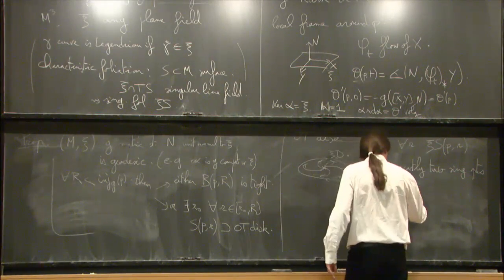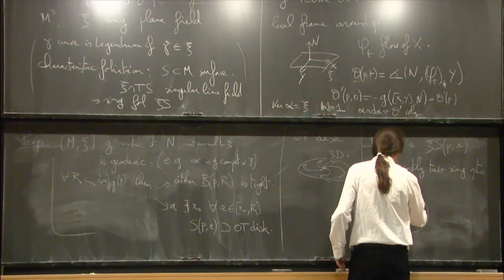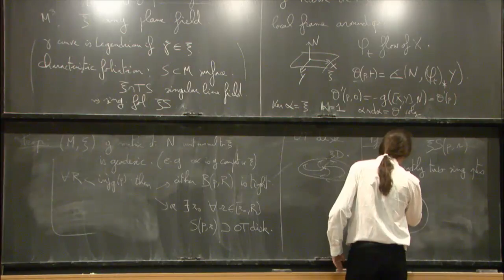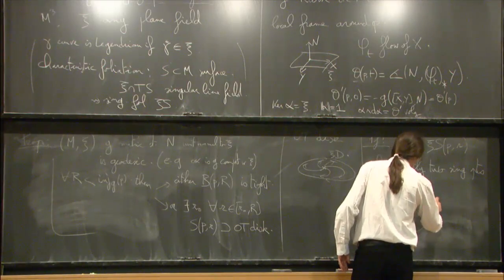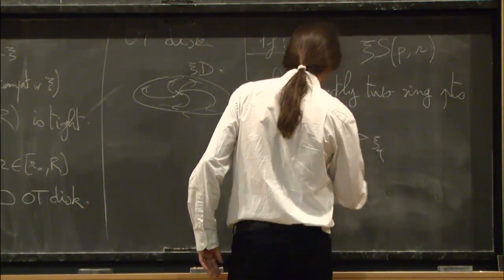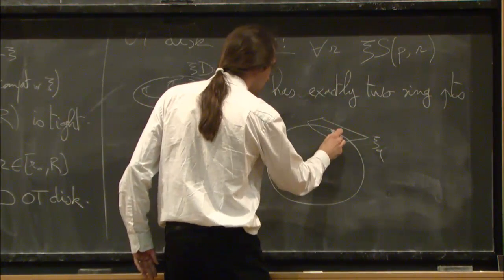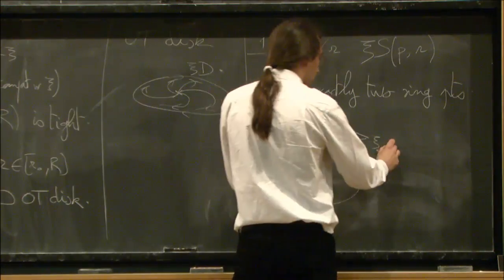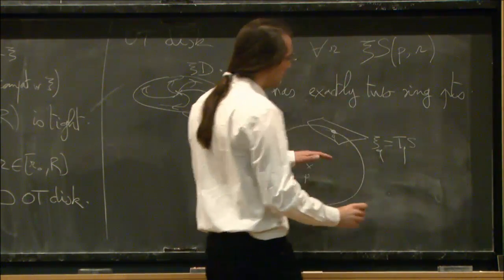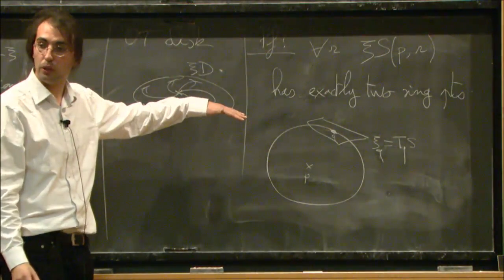You look at a sphere and assume there is a singular point. So a singular point in the characteristic foliation means the contact structure is tangent. So this is not P, this is Q. So P is in the middle, and you have a point Q with a singularity. And this means that psi at Q is the tangent space to the sphere at Q. This is the definition of singular point.